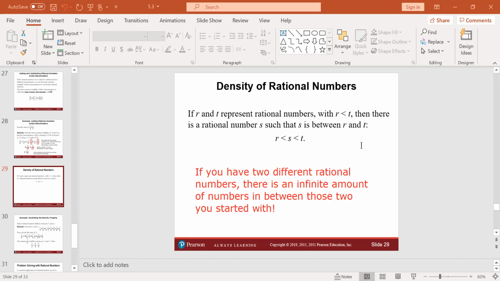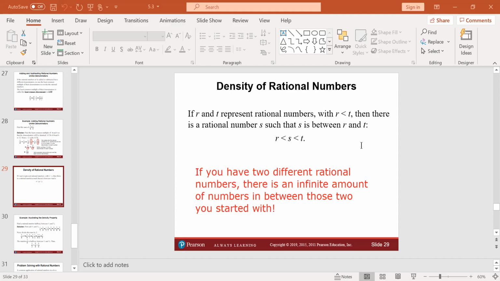But I think, of course, I'm a math person, but I think it's pretty cool that if you take any two numbers, there's an infinite amount of numbers tucked away in between them. That's wild to me. What are the implications of that? The idea is that you have a choice of as many different numbers as you want.